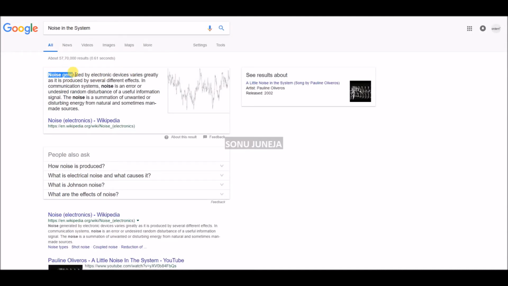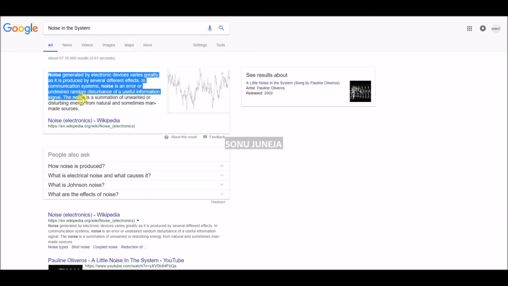So noise generated by electronic devices varies greatly as it produces several different effects. In communication system, noise is an error or undesired random disturbance of useful information signal. The noise is a simulation or unwanted disturbing energy from natural, sometimes man-made resources.